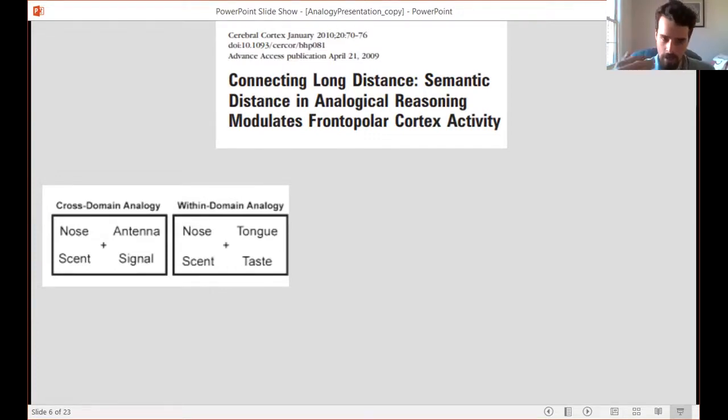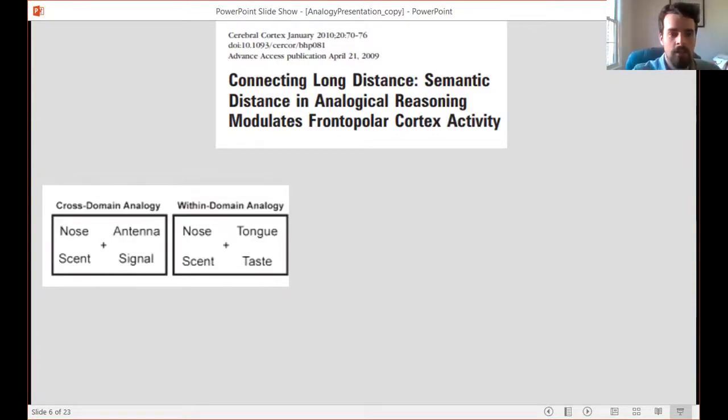Those are the same mappings, and they're both within this domain of sensory experience, whereas antenna to signal is in a different domain than nose to scent, but shares the same analogy. So these cross-domain analogies bridge more semantic distance, and the within-domain ones bridge less. This is a categorical way of distinguishing them, but we also looked at it with semantic distance between the word pairs as a continuous measure.